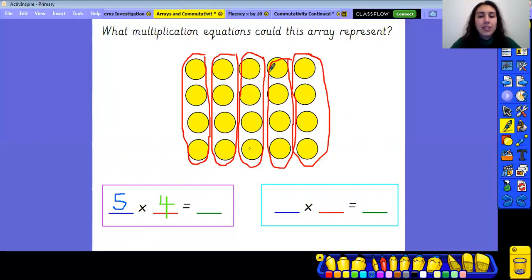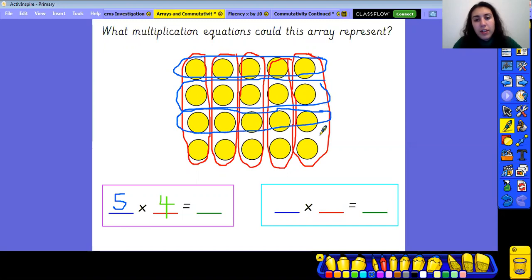Instead of grouping them going down, I could group them now going across. So let's look here. I've got 5 counters in this group. So I've got one group of 5. I've got 2 groups of 5. I've got 3 groups of 5, 4 groups of 5.